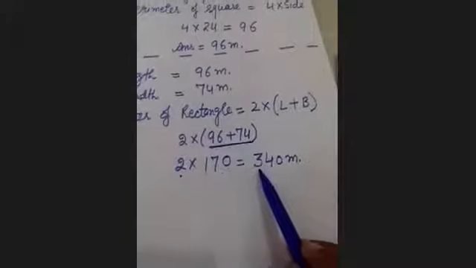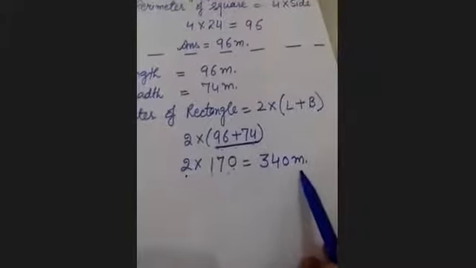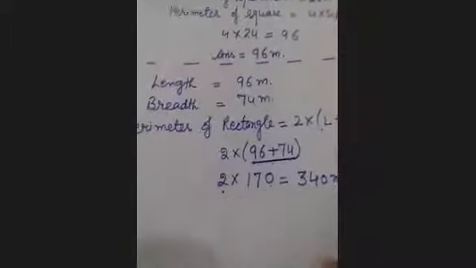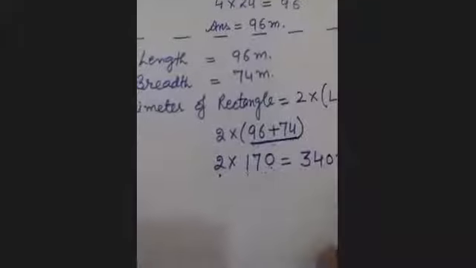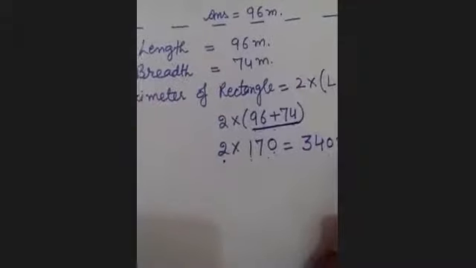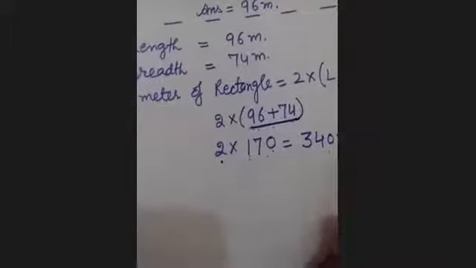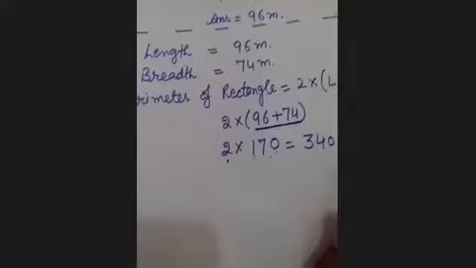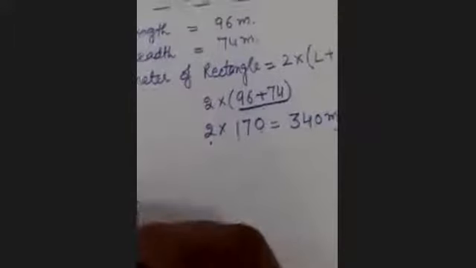Now we get 340 meter. This is the perimeter of this rectangle. Now according to your statement, a boy runs 2 times around the park. Now find the distance covered by him. Distance covered in 2 rounds.